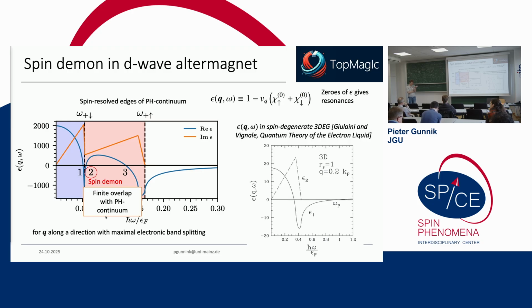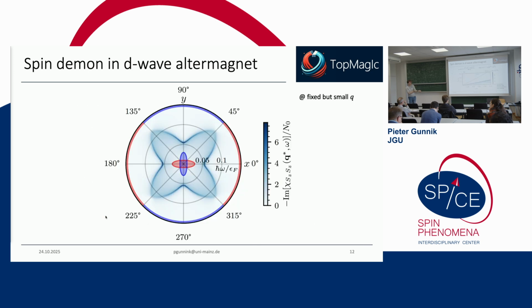Yes, okay, I agree. Then along these high splitting directions, these modes are underdamped. Right, so that is the perspective you take. Yes, and you see that. We also took a 3-dimensional altermagnet. If you rotate out of the spin split plane, the spin demon also disappears, like it should.